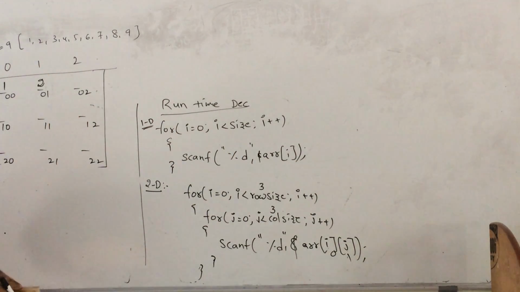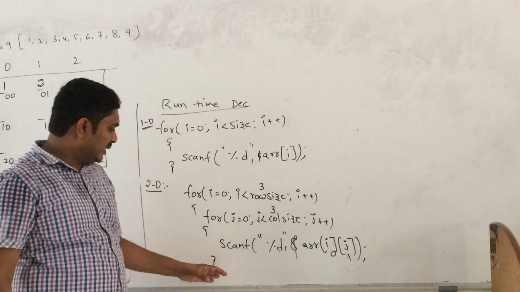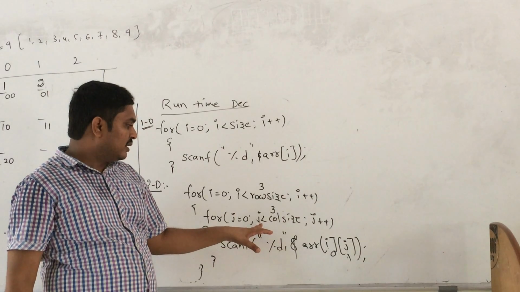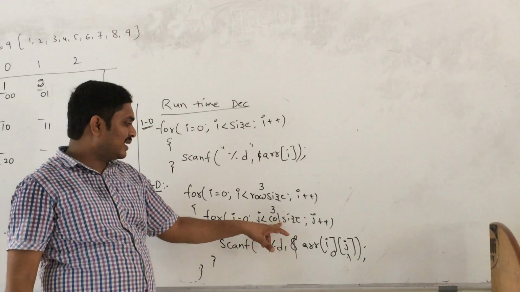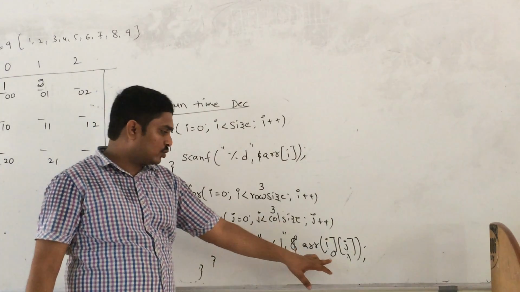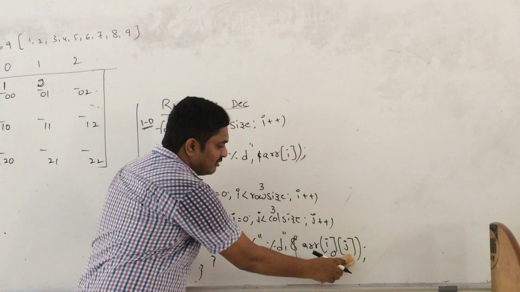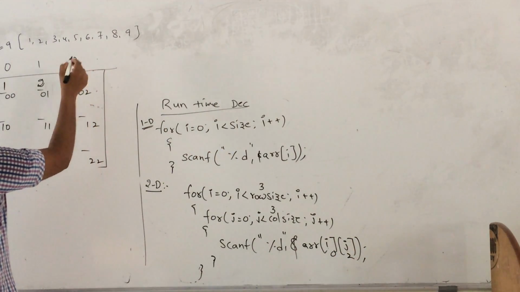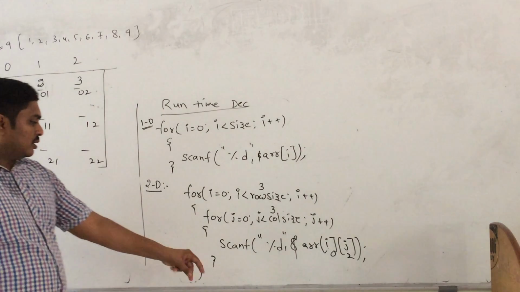After the end of the loop body, j will be incremented. After the increment of j, the j value is 2. 2 less than 3, the condition is true. Again it enters into the for loop and the value is stored at i value 0 and j value 2, the 0, 2 position. So the element is stored at the 0, 2 position.